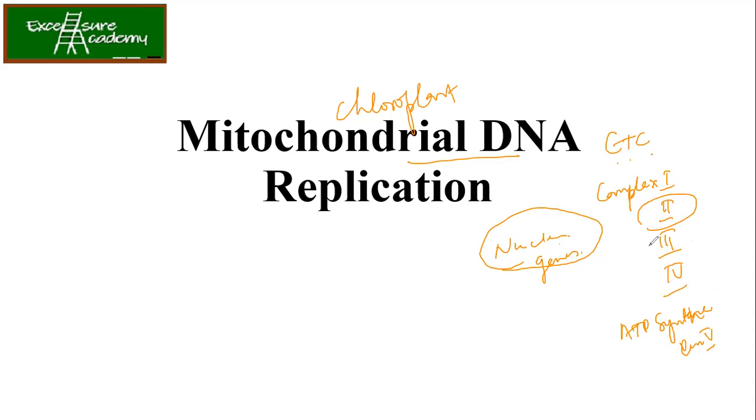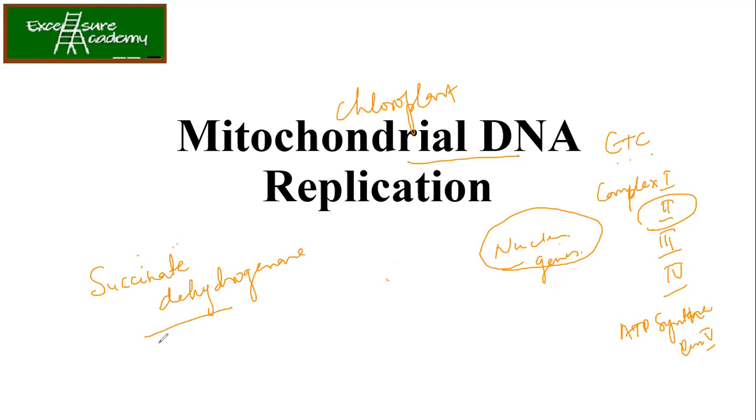When it is synthesized by nuclear genes, it means it is translated in the cytoplasm, and from the cytoplasm it is translocated to the mitochondrial matrix. Complex 2 is also known as the succinate dehydrogenase complex.